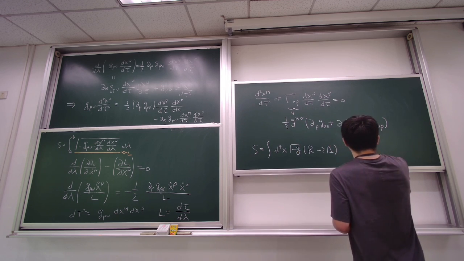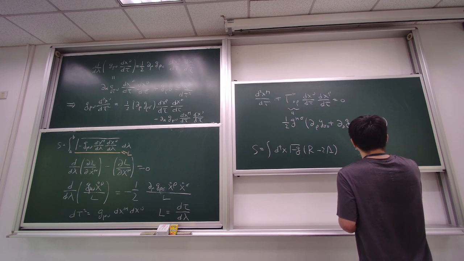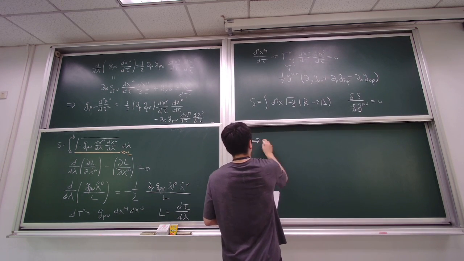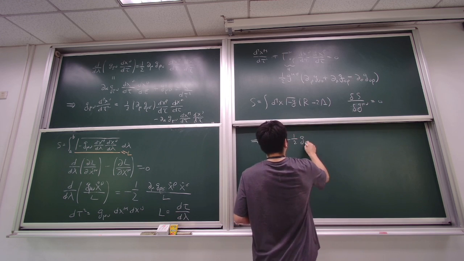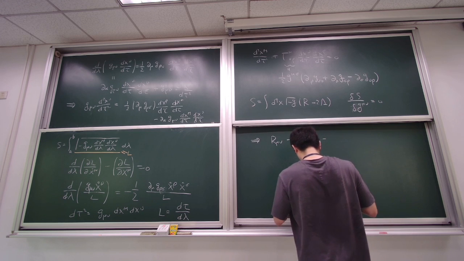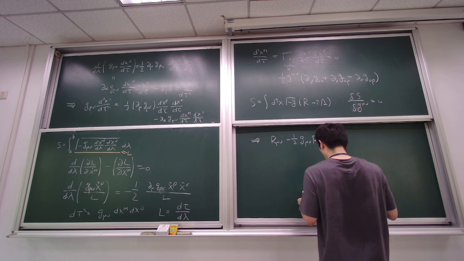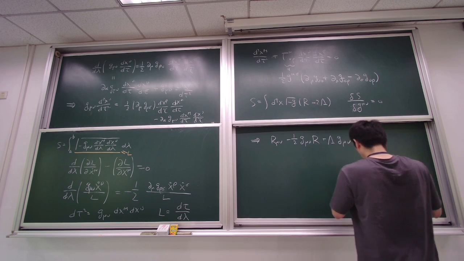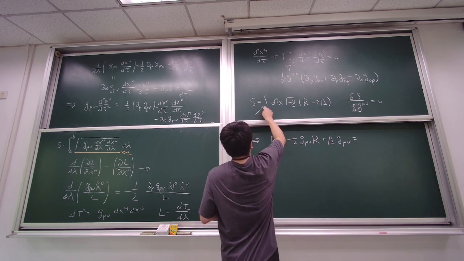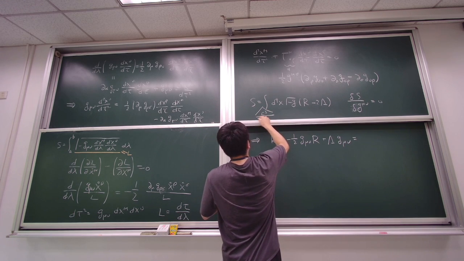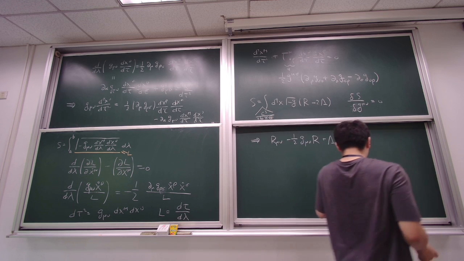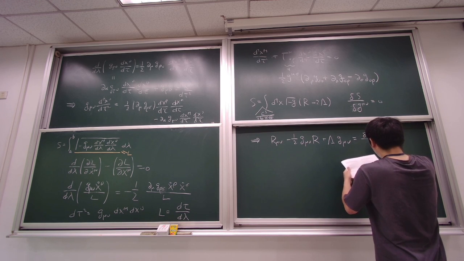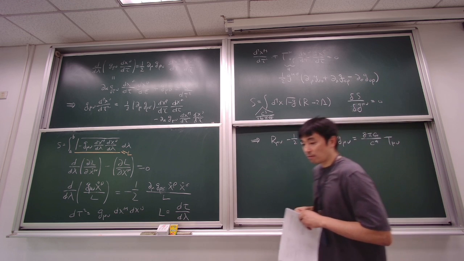With respect to variation of the metric, last time we showed that this will give you the famous Einstein equation: R mu nu minus 1/2 g mu nu R plus lambda g mu nu is equal to, I think I need to multiply by some appropriate number, c cubed over 16 pi G. And then the right hand side is equal to 8 pi G divided by c to the 4 T mu nu. So that's what you derived last time.